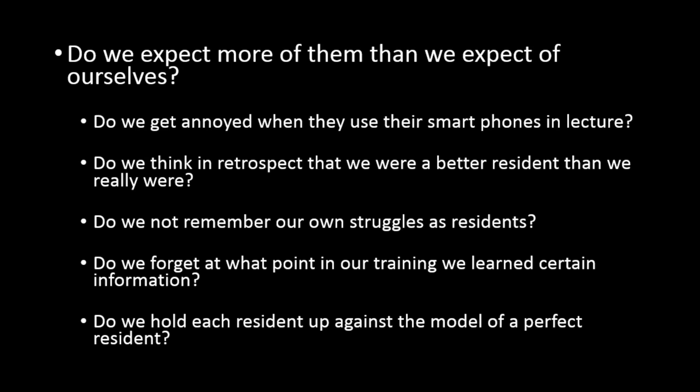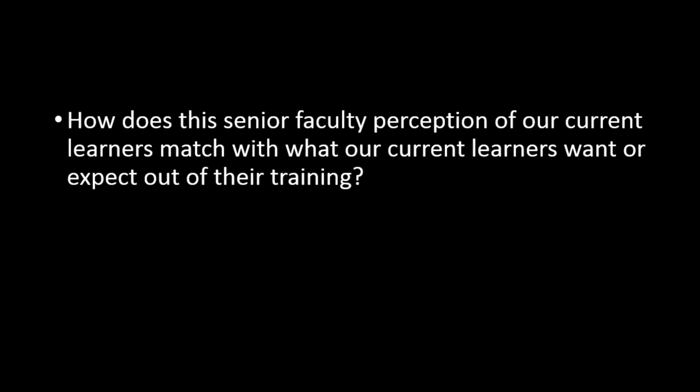But it's not really fair to compare all the residents to him. He was the single star of probably the last 5 years. You can't expect all the residents to be like that individual, so you can't really hold them up to the model of a perfect resident, just whether they are at the level that they should be. So these are some things that senior faculty may do that widens this chasm between them and the learner.